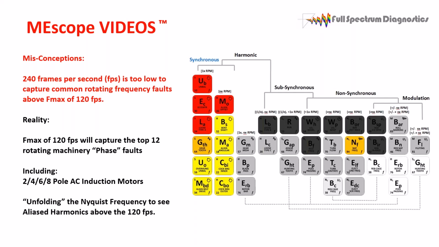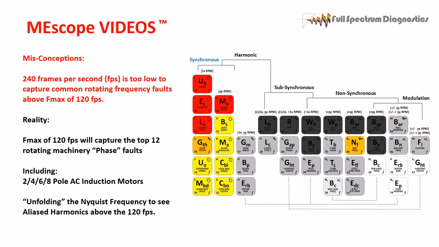I'm sorry, it's a 2-pole motor, so it runs at 3,600, just under, 3,580, let's say. If I take 2 of those, it's a 40 CPM difference.